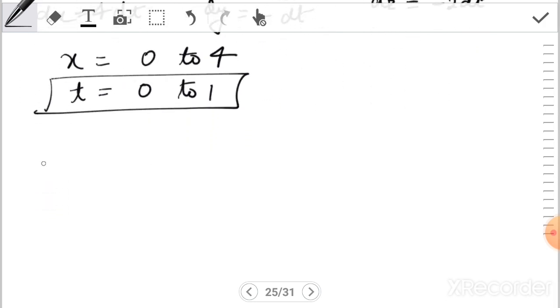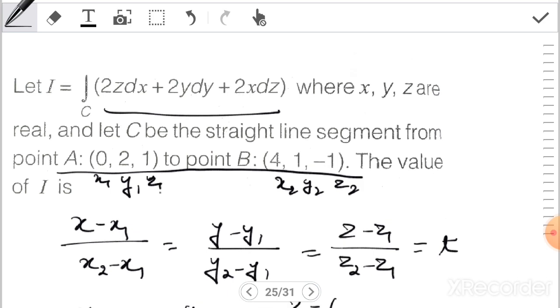Now let us write the integral. Okay, so we have 2z.